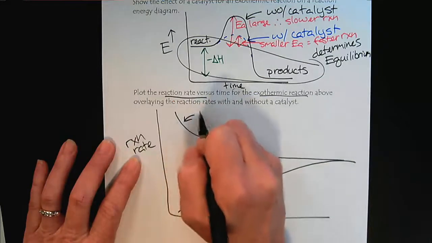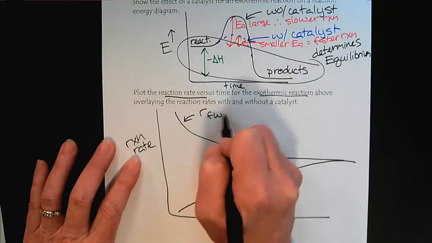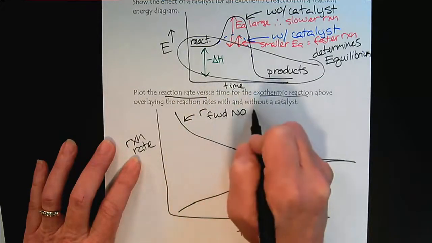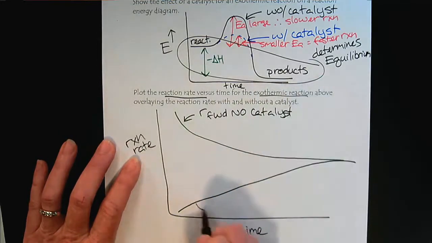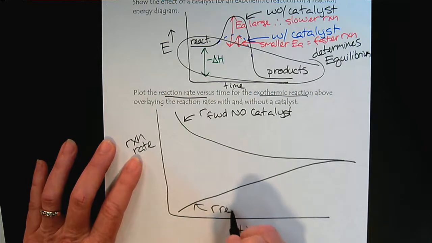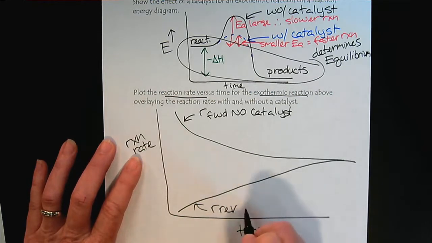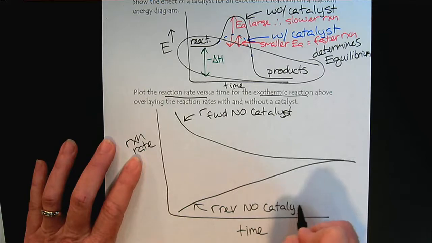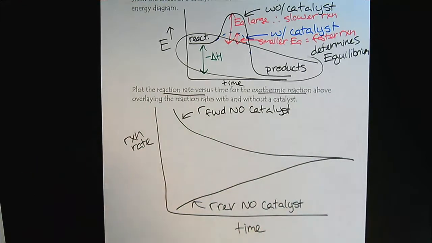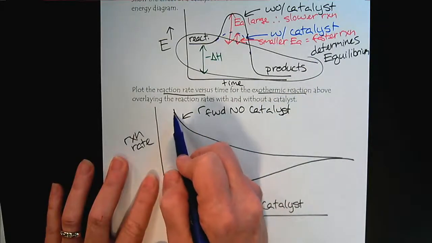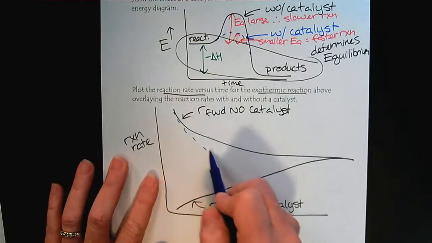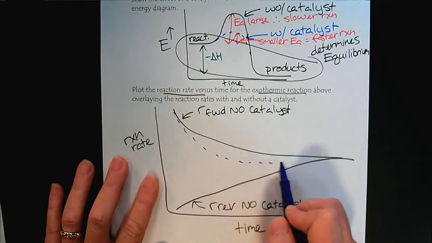So this is rate forward, no catalyst, and this is rate reverse, no catalyst. Simply by adding the catalyst, the reaction is proceeding much faster.